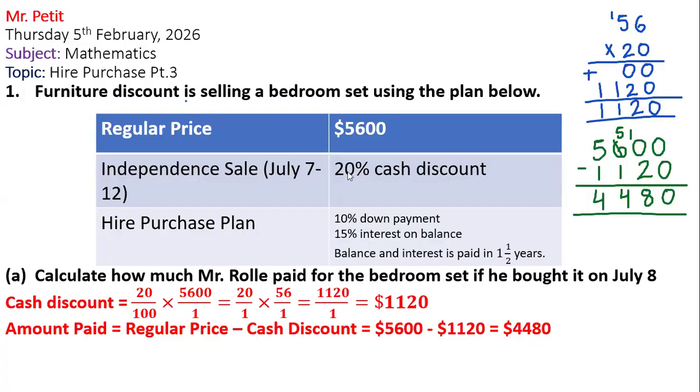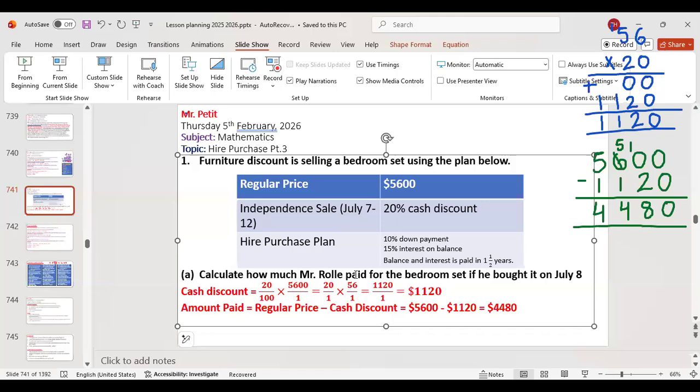Let's move on to part B. Part B is going to be what he would get if Mr. Rule paid for it using cash.